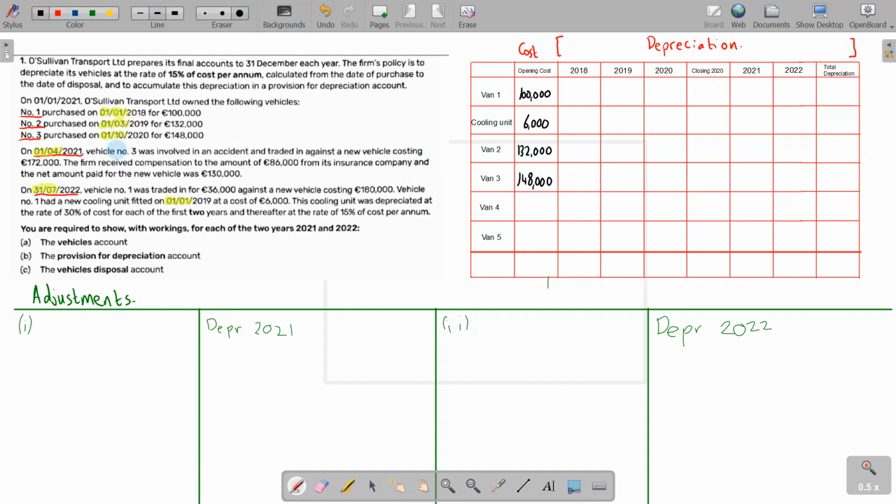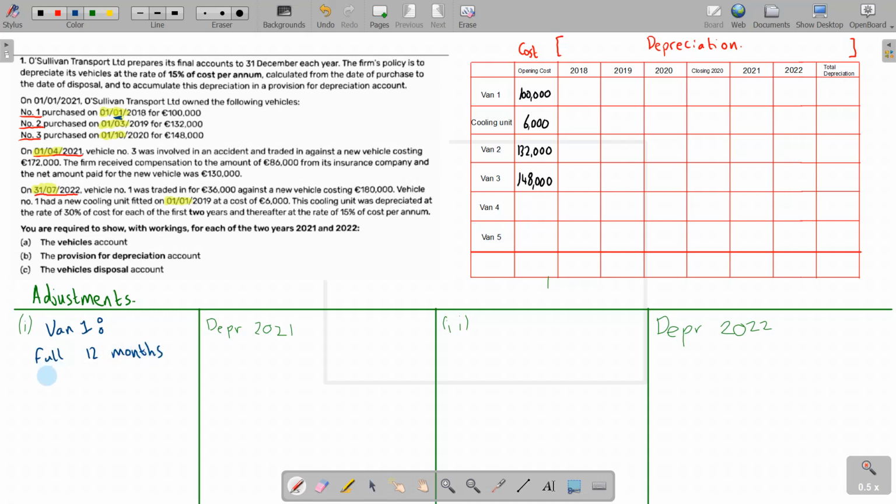So in 2018, what was our depreciation? Well, we bought the van in 2018, and it was the very start of the year. So it's going to be a full 12 months depreciation. So I'll say van 1, full 12 months.